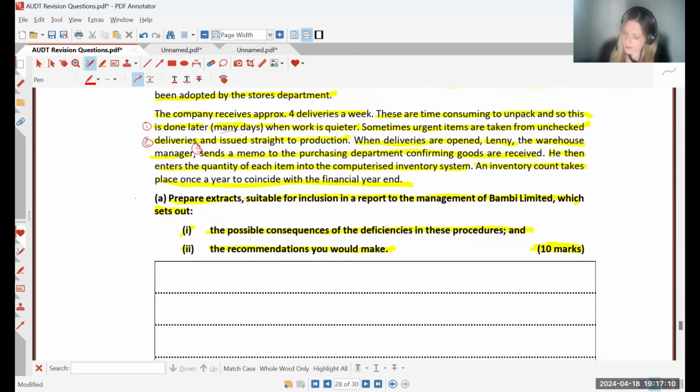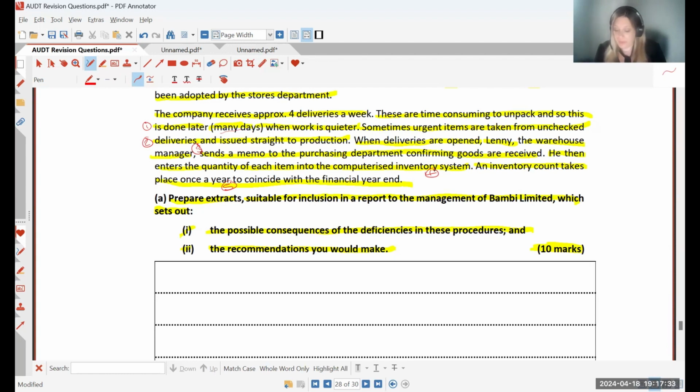So computerized inventory system, we'll just pop number 4 there. And finally, an inventory count takes place once a year. Once a year, well, that's definitely not good, is it? We'll discuss why. So let's just start at 1 and work through them.